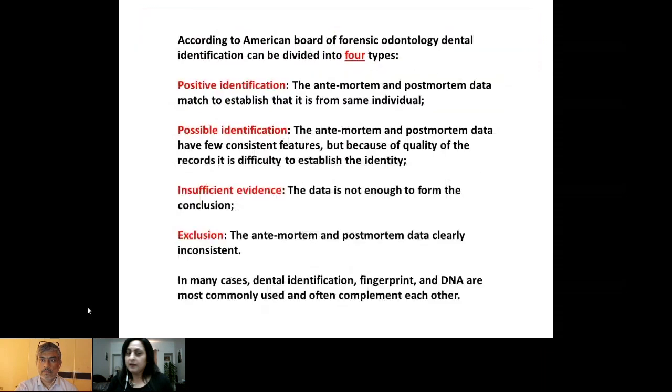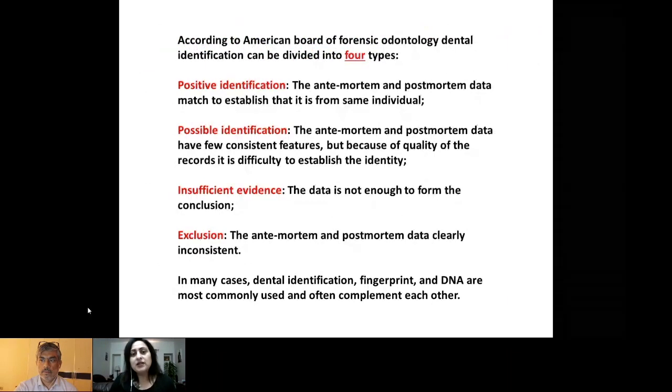There are 4 types of dental identification: positive, possible, insufficient, and exclusion. If the antemortem and postmortem data match to establish that it is from the same individual, that makes it a positive identification. Possible identification is when the antemortem and the postmortem data have a few consistent features, but because of the quality of records, it is difficult to establish the identity.